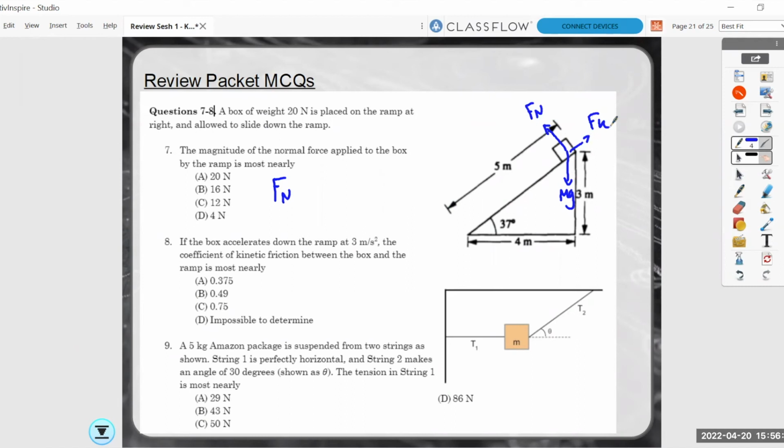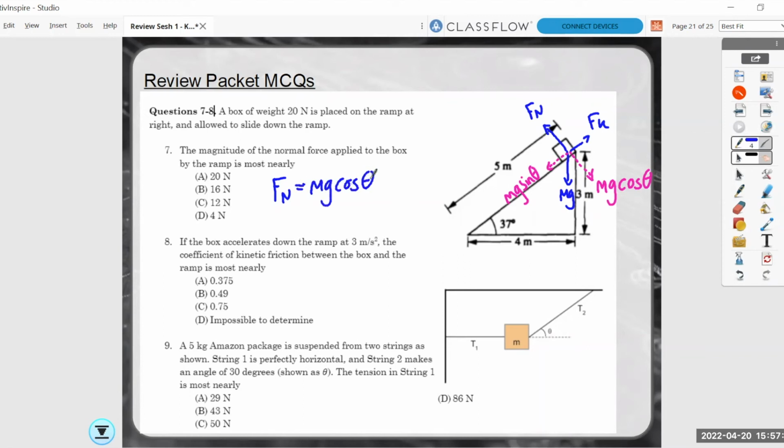Normal force is going to be balancing out the perpendicular component of gravity, which is mg cosine theta. Here's mg sine theta. I just want to be clear here, right? Sometimes they want you to use your calculator to calculate sines and cosines. Let's just remind ourselves the normal force is going to have to be equal to mg cosine theta.